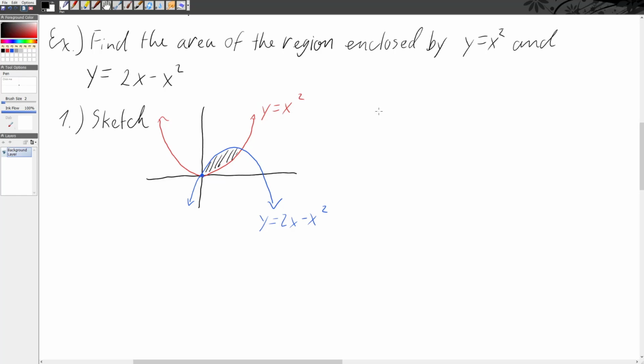So we can see that the top curve is y equals 2x minus x squared, and the bottom function is y equals x squared.